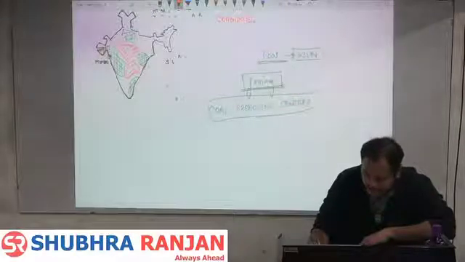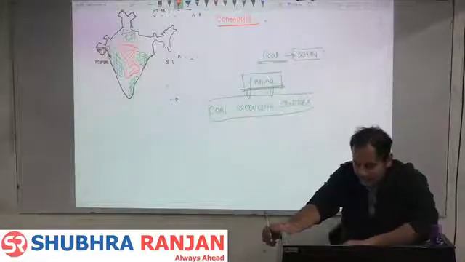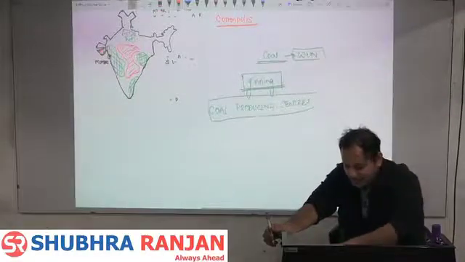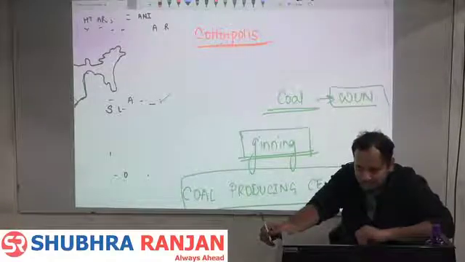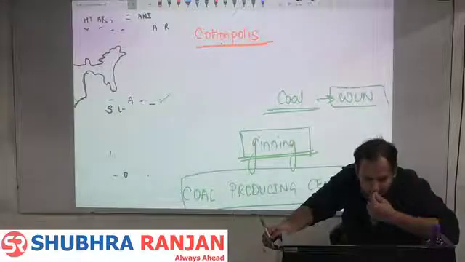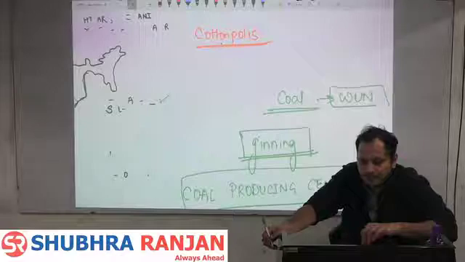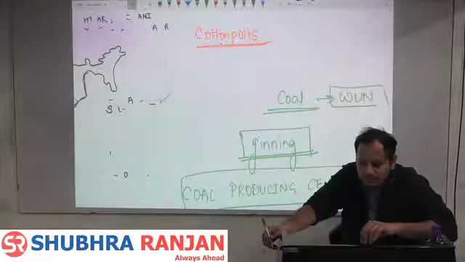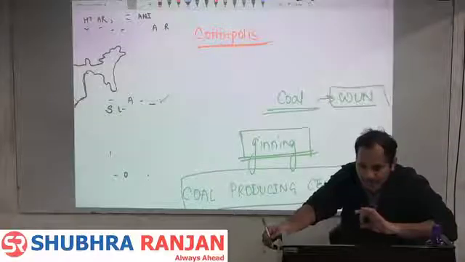Polis is state, polis is city. Cottonopolis means textile industry का capital, Cottonopolis of India. Full stop. Question mark.